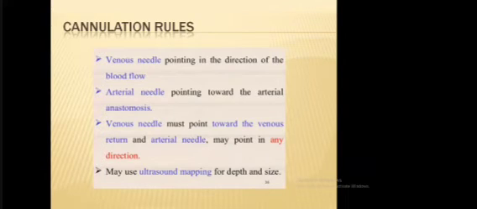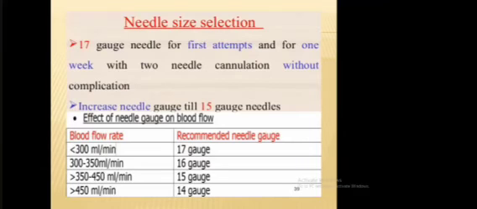Sometimes you're not able to cannulate in the arterial anastomosis direction, so we can use the arterial needle towards the venous side also. In difficult cases, we can use ultrasound mapping for the depth and size, and to see where the needle is going exactly.